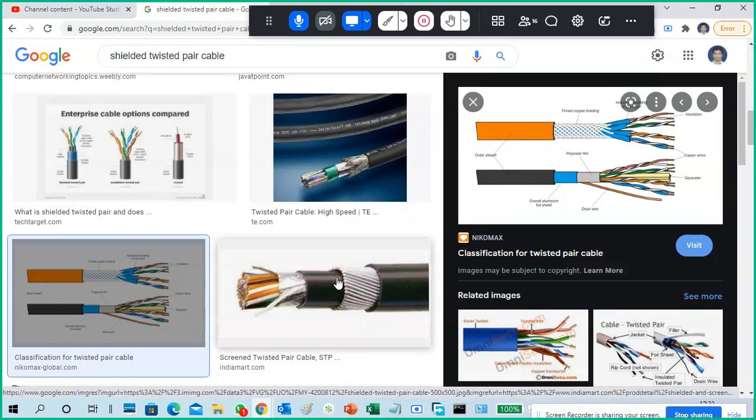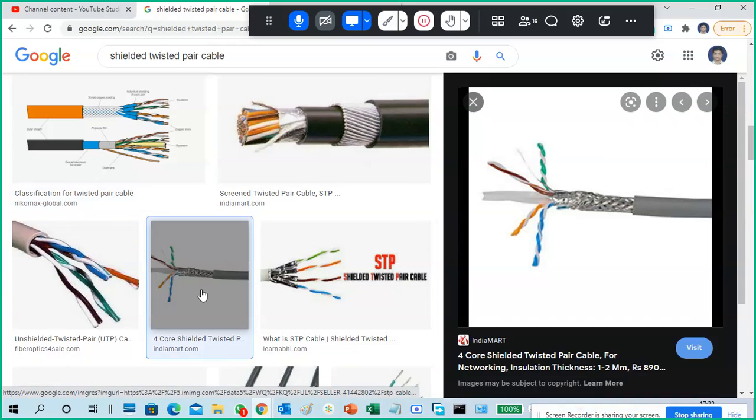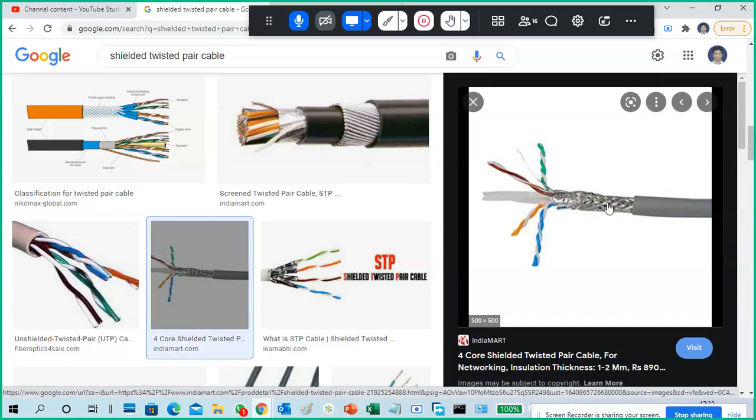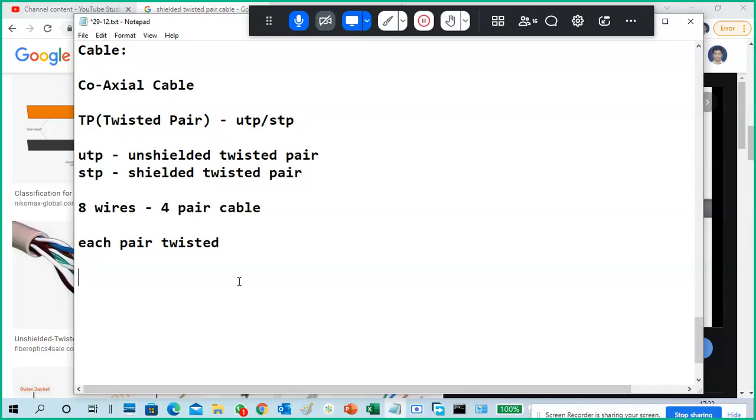Again, same as your coaxial cable. The advantage of this shielding is that it protects the signal from electromagnetic interference.